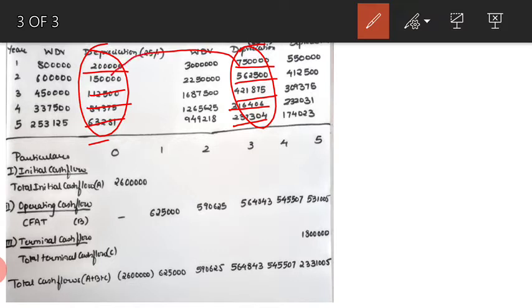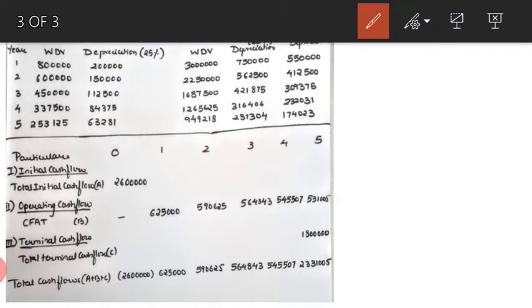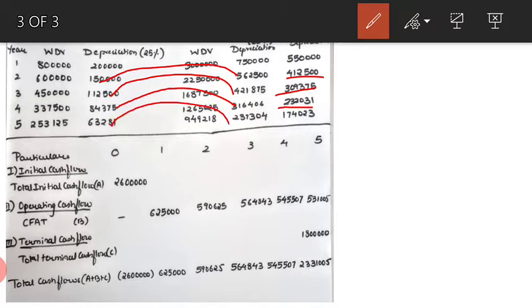So 7,50,000 minus 2 lakh is 5,50,000. 5,62,500 minus 1,50,000 gives you 4,12,500. 4,21,875 minus 1,12,500 gives you 3,09,375. 3,16,406 minus 84,375 gives you 2,32,031, and 2,37,304 minus 63,281 gives you 1,74,023. So this is how we calculate the incremental depreciation.